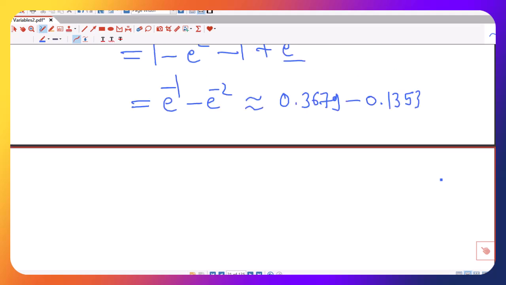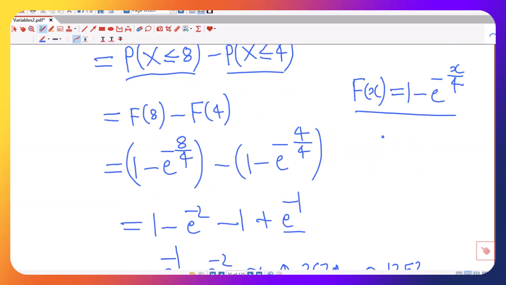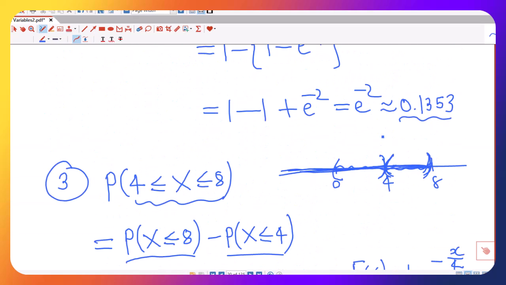Now let me take the difference of these two. 0.3679 minus 0.1353 turns out to be 0.2326. So that is the required probability.